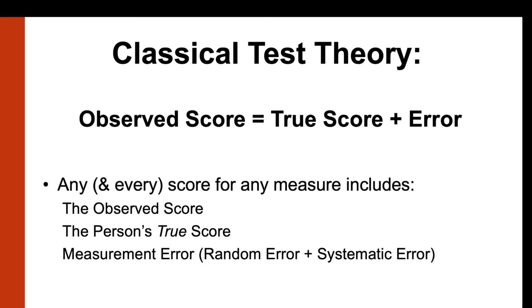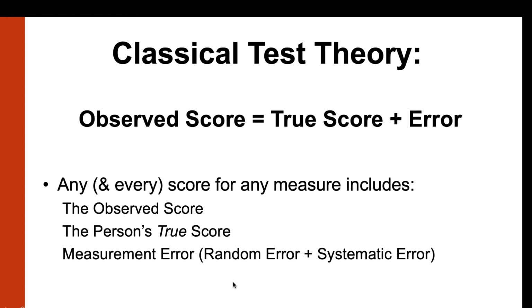And so it can influence the observed score that you get for that person's personality characteristic. So just to summarize, every score or test measurement that you get when you're measuring a personality characteristic like anxiety, you're going to get your observed score. That's what their score ends up being. But you know that it is actually not their actual true score. It's their true score plus some component of error.